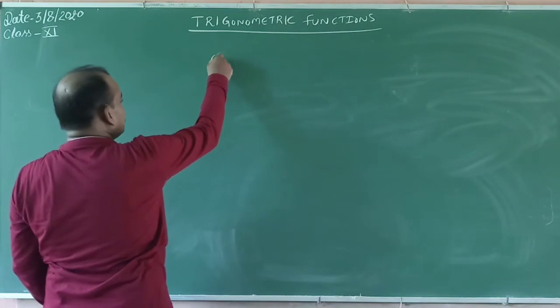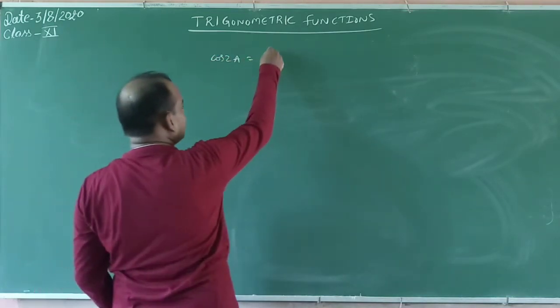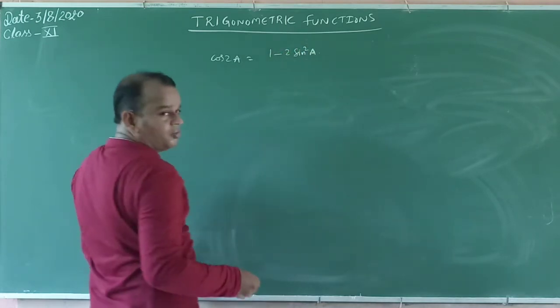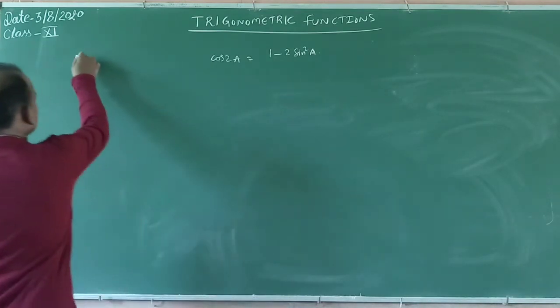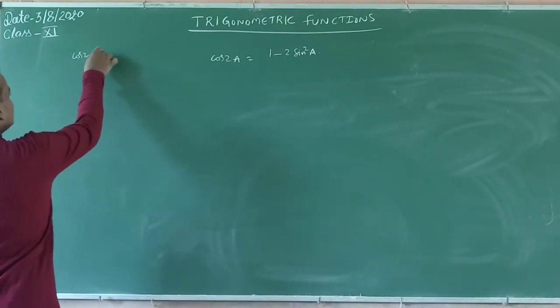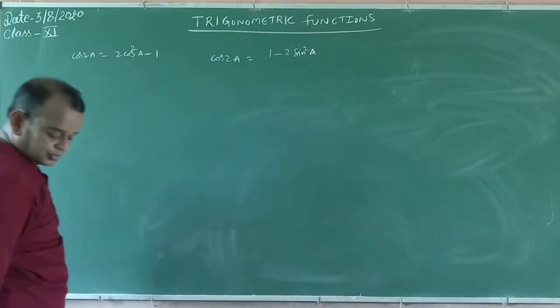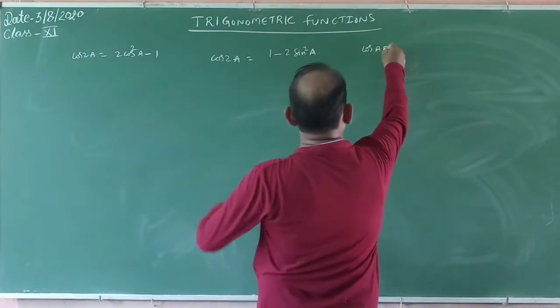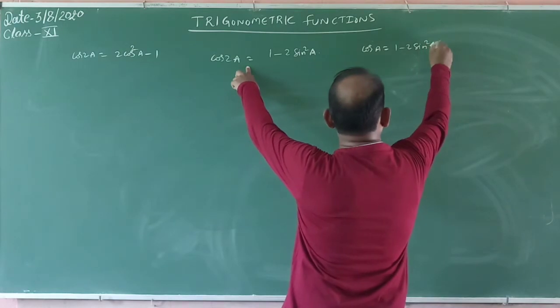Now, cos 2A formula. What is the formula of cos 2A? 1 minus 2 sin square A. Next, what is another formula of cos 2A? 2 cos square A minus 1. What is the formula of cos A? Cos A means 1 minus 2 sin square A by 2.